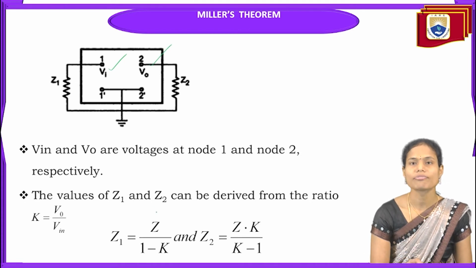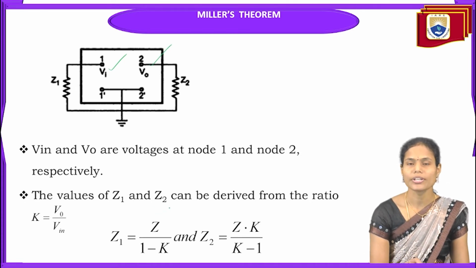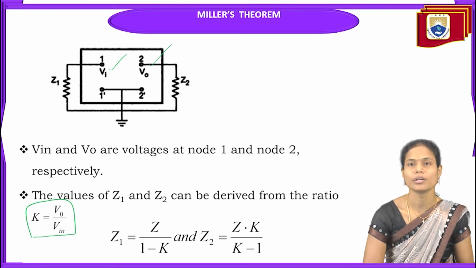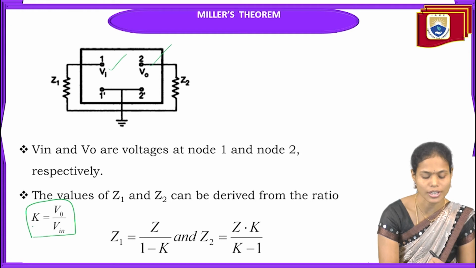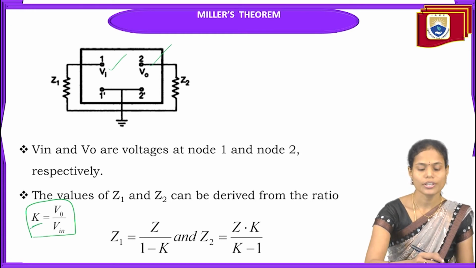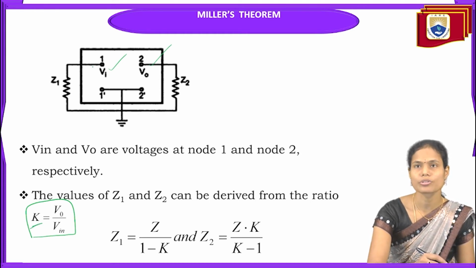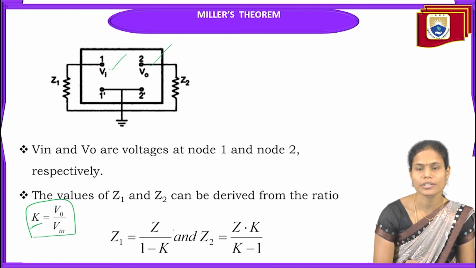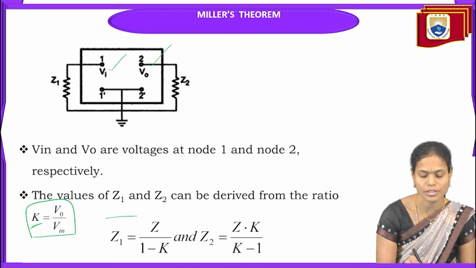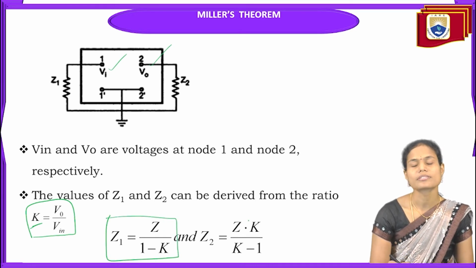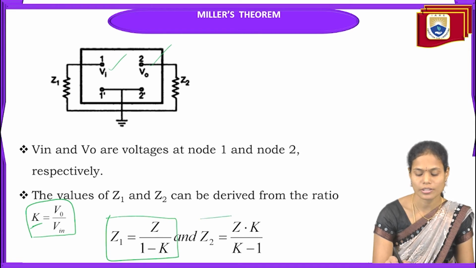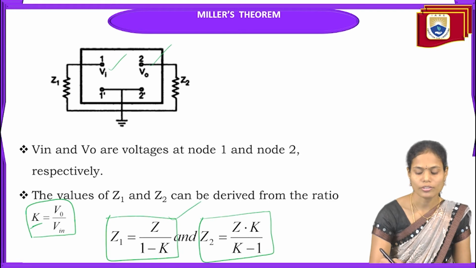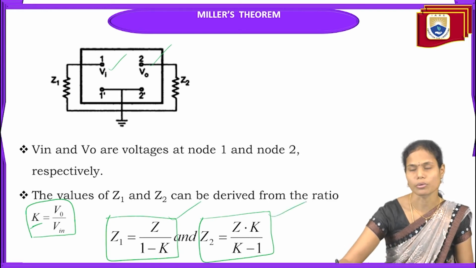The values of Z1 and Z2 can be derived from the ratio of output voltage to input voltage, which we take as K. So we divided the total impedance into 2 impedances Z1 and Z2. Z1 I can represent as Z by 1 minus K, and the second impedance Z2 I can represent as Z into K by K minus 1.